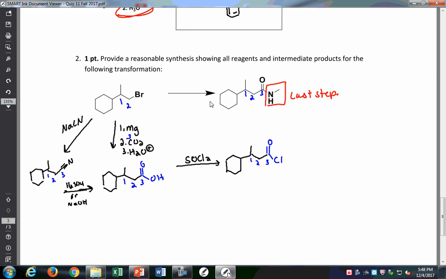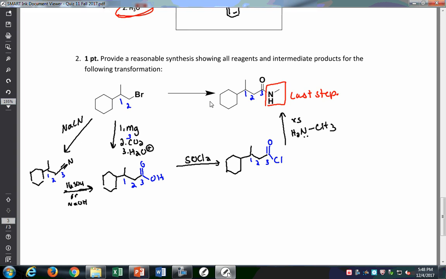Once we have the acid chloride, we just need excess of our NH2CH3. There's our nucleophile. We want excess because the extra nitrogens can act to deprotonate.